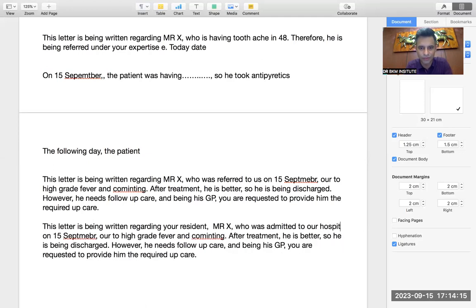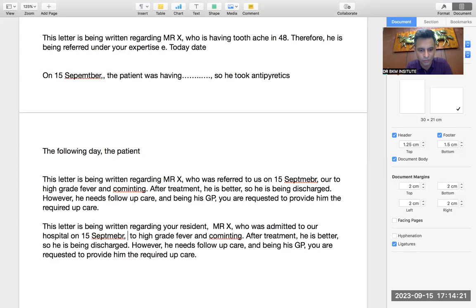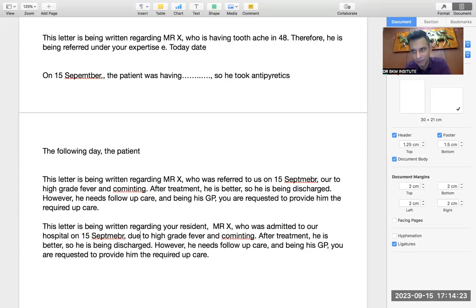These are the few points you have to change; again, the rest of the things remain the same. After treatment, he is better, so he is being discharged back to your residential home. That is the only difference.